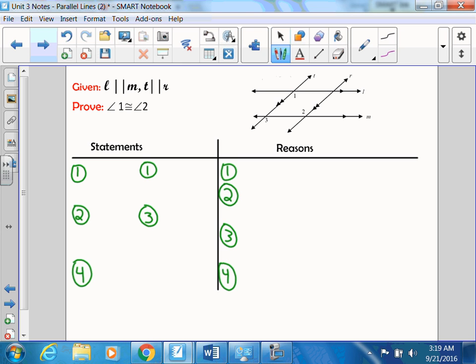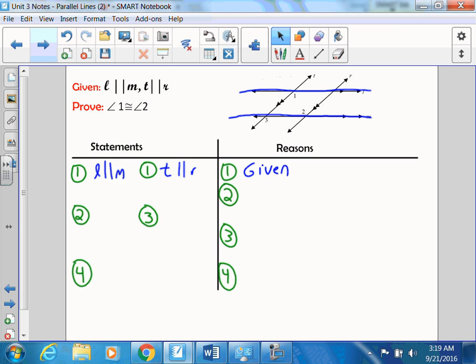I'm going to start off with line L is parallel to M, and then we also have line T parallel to R, and that's given. Now, if line L and M are parallel, which can I use as a transversal between T and R that will have two angles located on that transversal line?